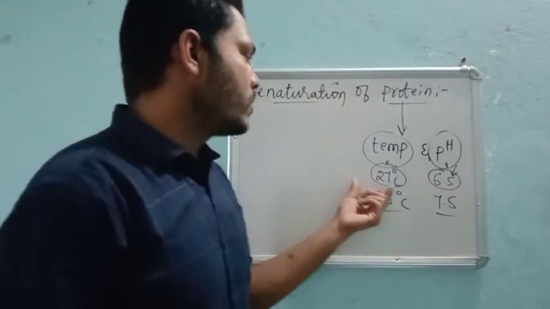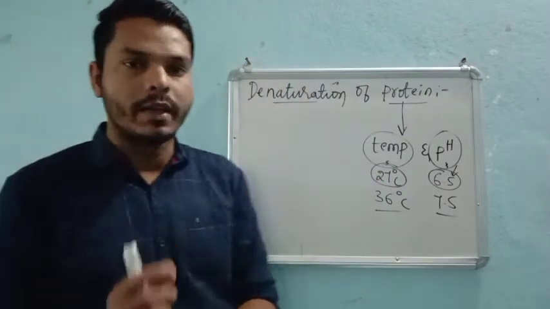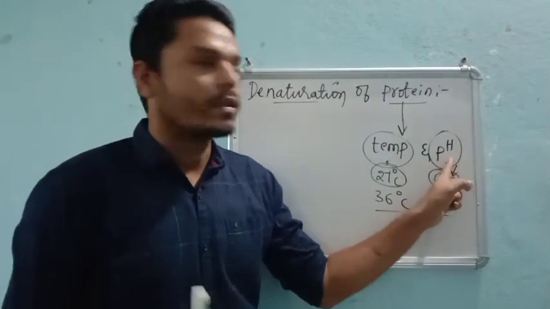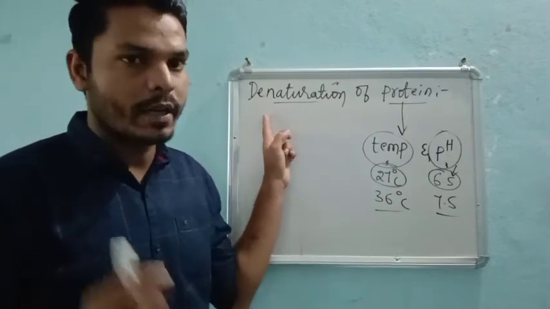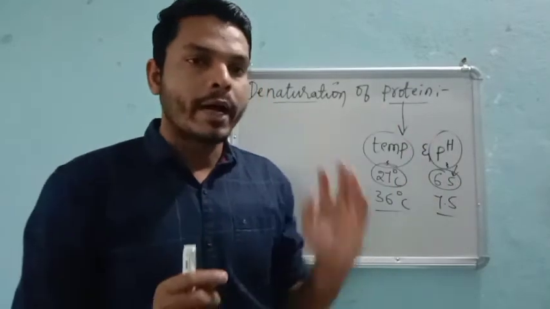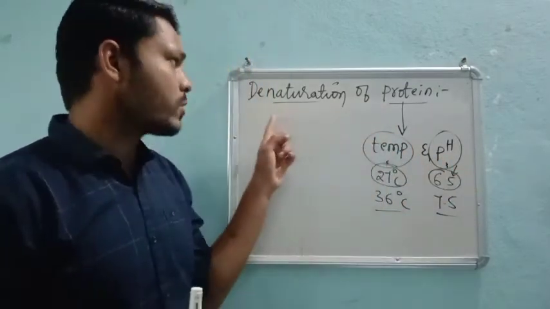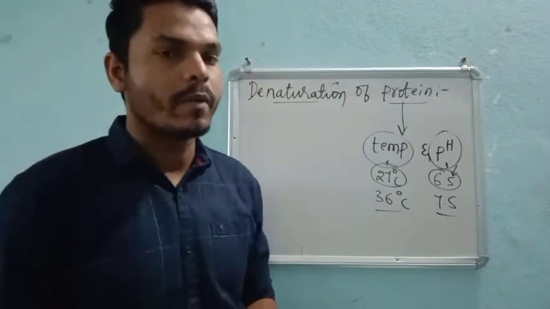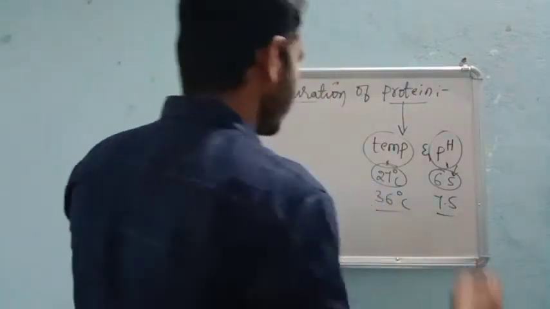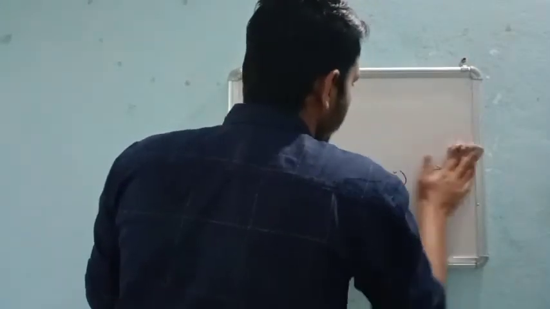So protein loses its biological activity by changing temperature and pH. That process is called denaturation. I repeat, protein loses its biological activity by changing its temperature and pH. This process is called denaturation of protein, right? This question has been asked in previous examinations.